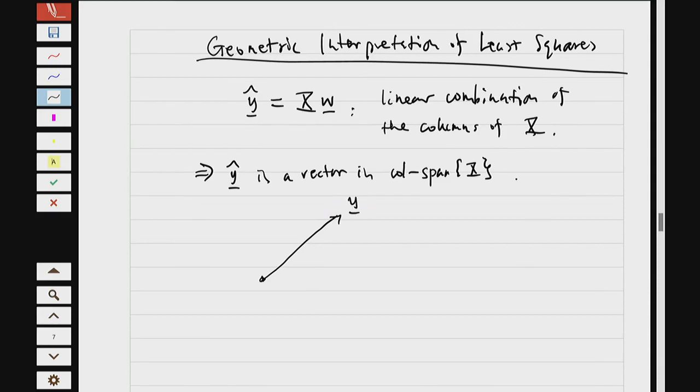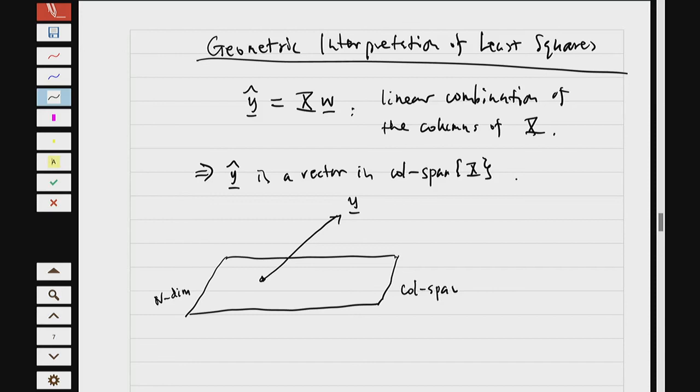So this y is a vector that looks like this. And then let's use this two-dimensional plane here to represent the column space of X. In general, it's going to be n-dimensional space. This is the column span of X.